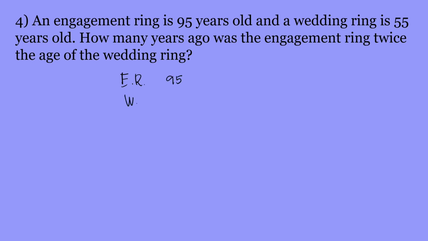The wedding ring is 55 years old. So this is the present age. How many years ago? So years ago that we do not know, X years ago, that means minus X of the present ages. So 95 minus X and 55 minus X.